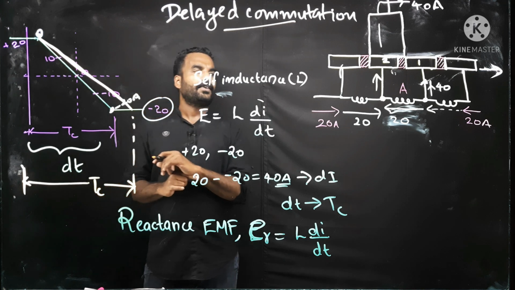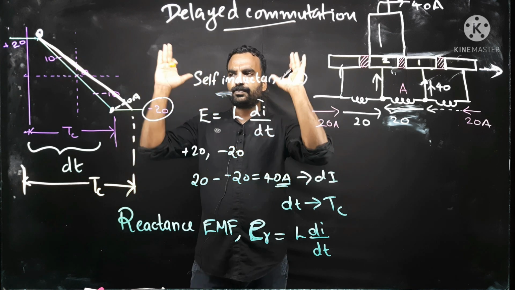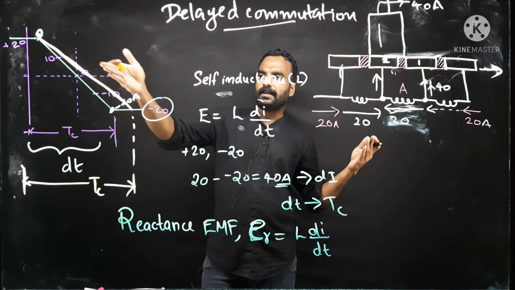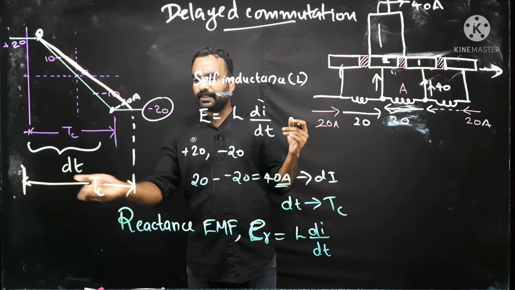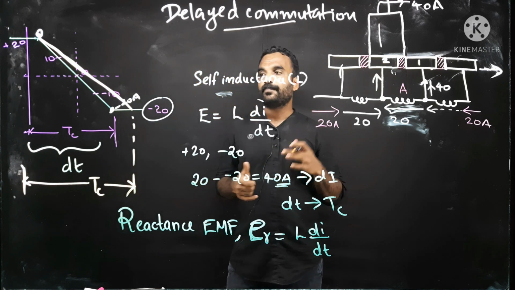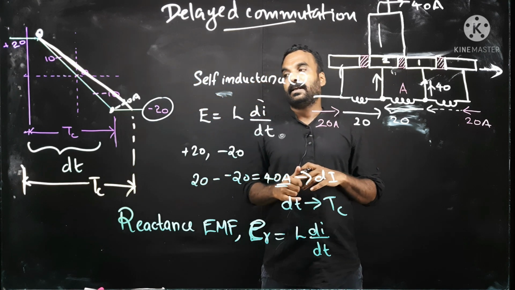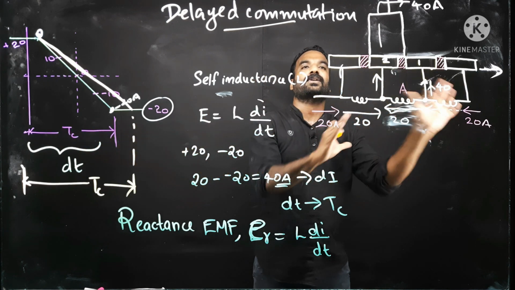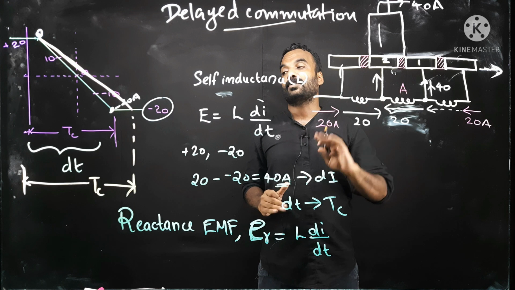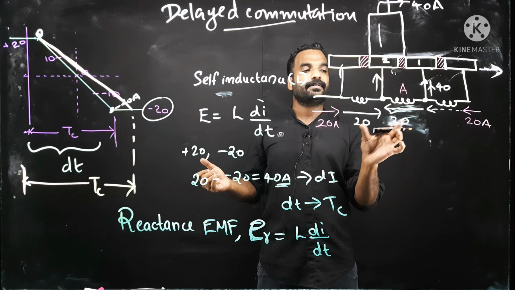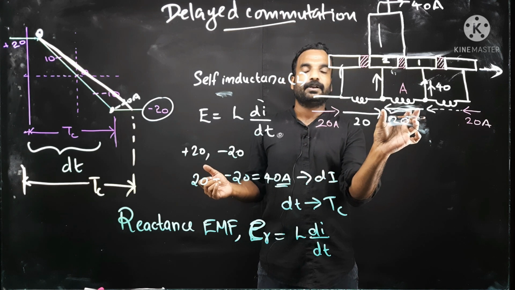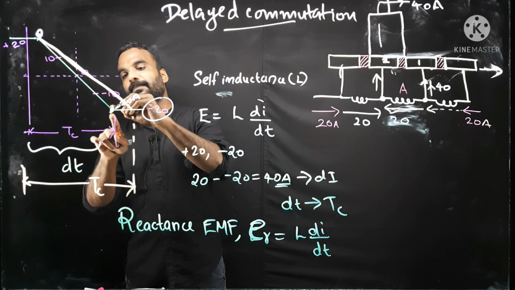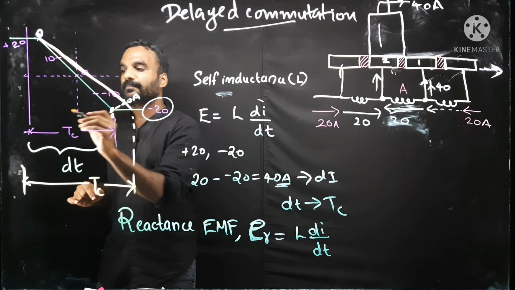Now, what is the practical issue? Please finish these things. Now, what is the practical issue due to the new wave shape or new commutation period? Because you are expecting such a commutation and you are moving the rotor at such a speed, but the things are not like that. You are thinking that the current is minus 20 ampere here, but please check, is it minus 20 ampere at this point?